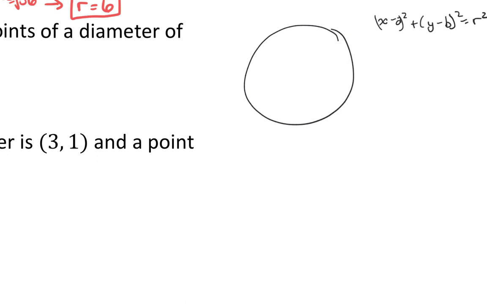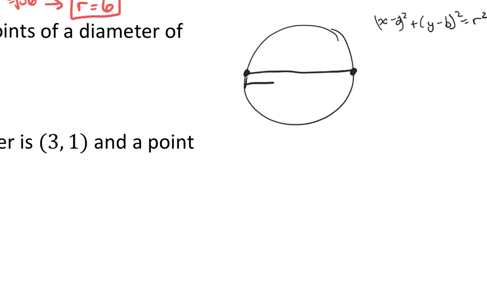So we don't know A or B, we don't know our center, and we don't know our radius, but we do know some diameter here. And this diameter could be anywhere. It could be here, it could be here, it could be really anywhere. But let's say, just for simplicity, it's roughly right there.